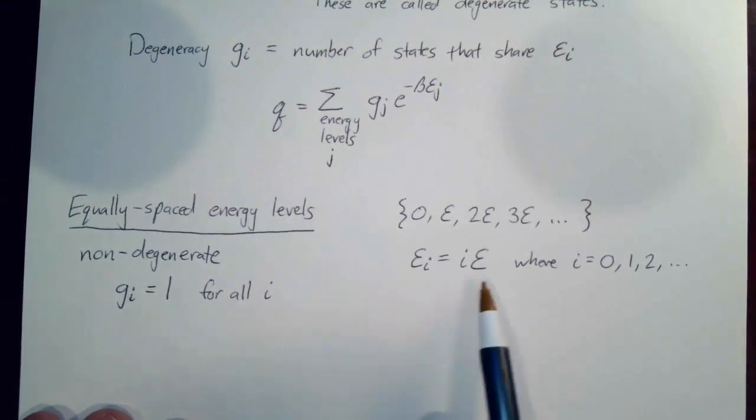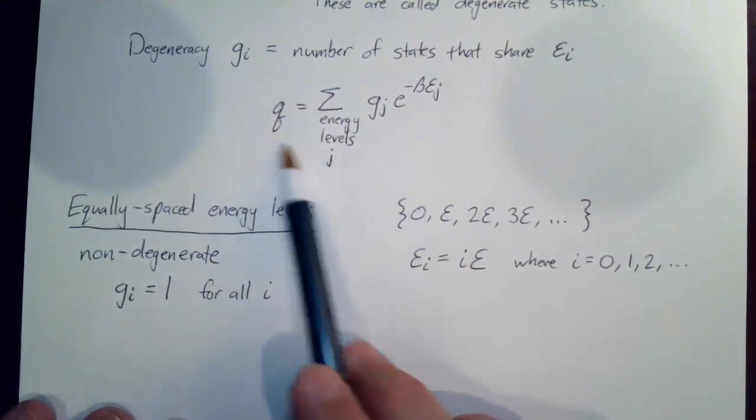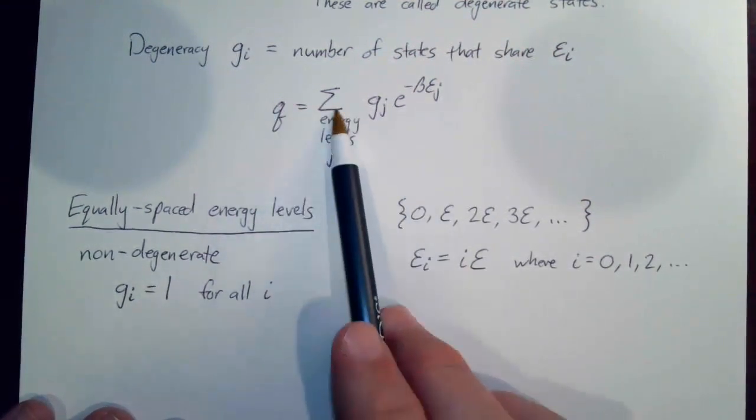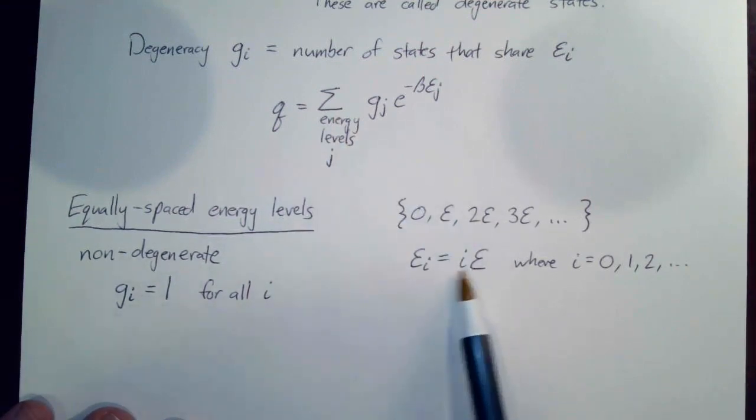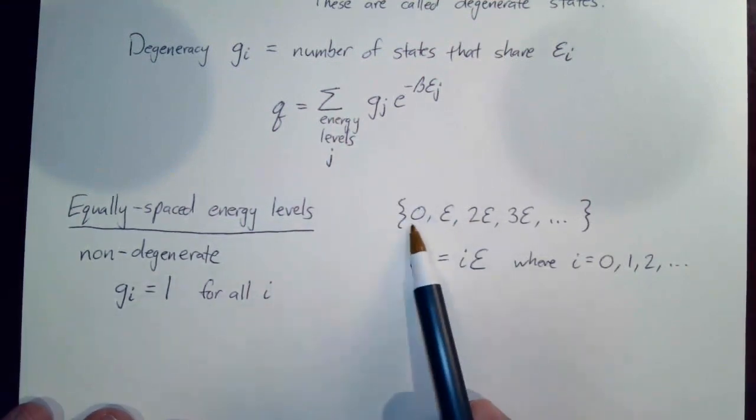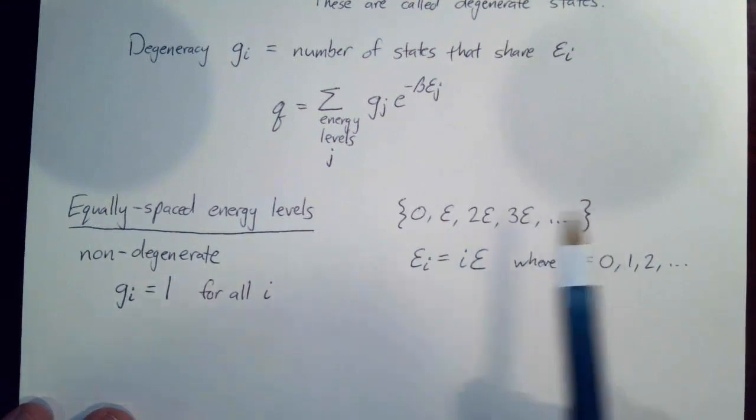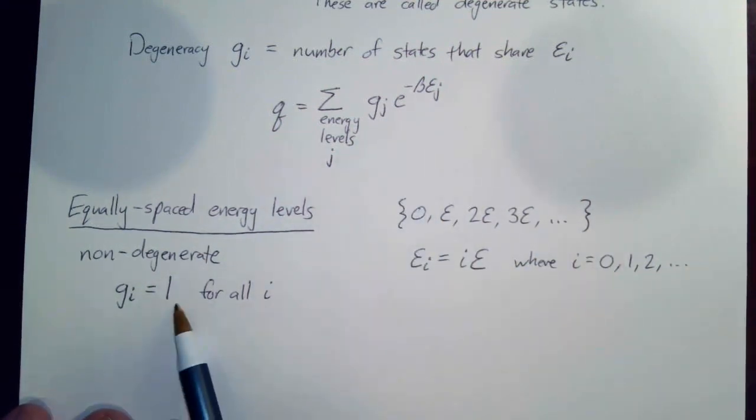With that, I'm going to plug those into this equation here, where I'm summing over the energy levels. G in each case is going to be 1.